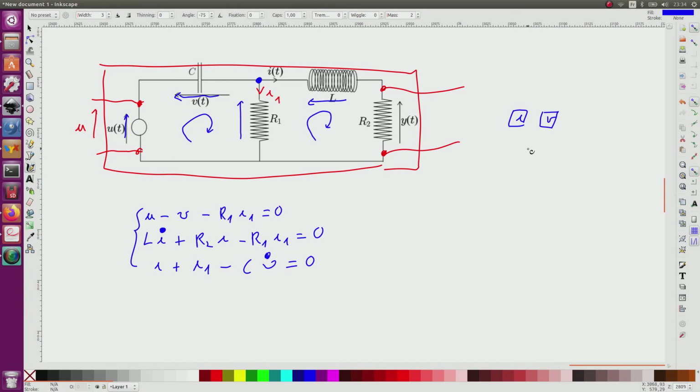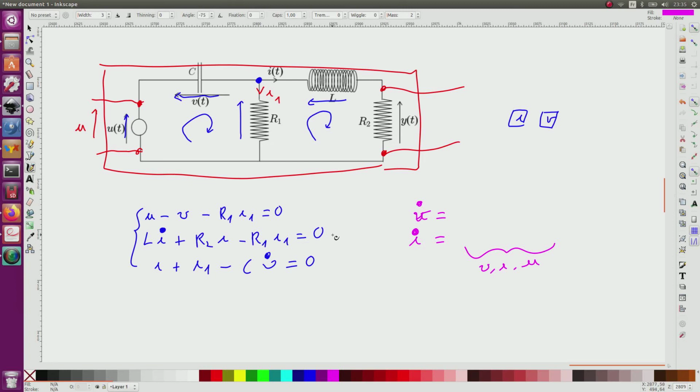So for this we need to obtain a state equation of this form: the derivative of V, the derivative of E equal, and here I am only allowed to have the state variables V, E, and the input U. And I will deduce this from these equations.